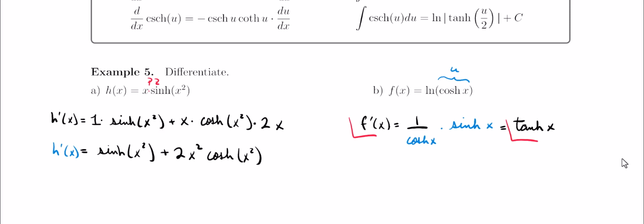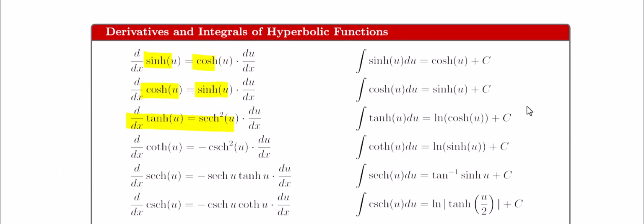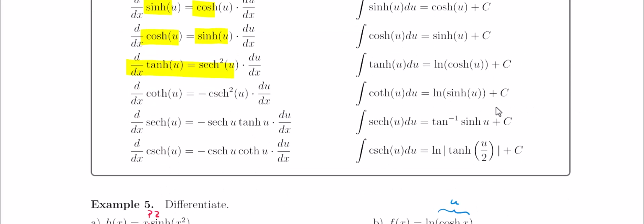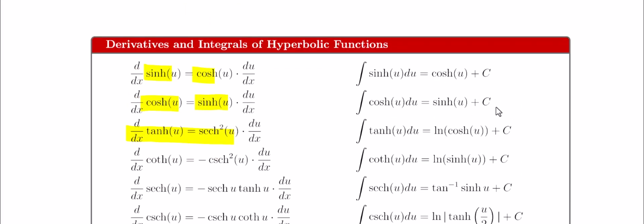Now, with regards to the integrals, same idea. We're going to be using, for the most part, u substitution in tandem with our new formulas. Now, I would say this, though, that we're going to be encountering later formulas in this section that we would be able to derive once we go over some of the new concepts and material from Chapter 8. But in the meantime, I'll just present the formulas as is.